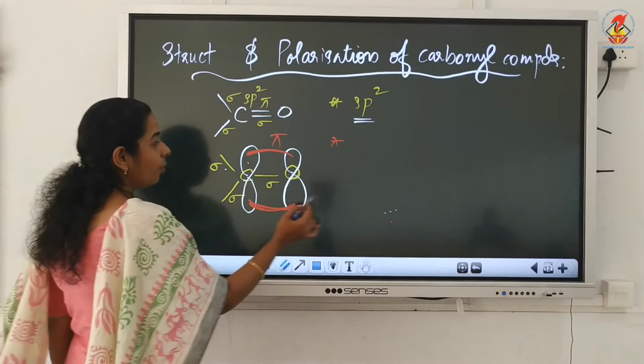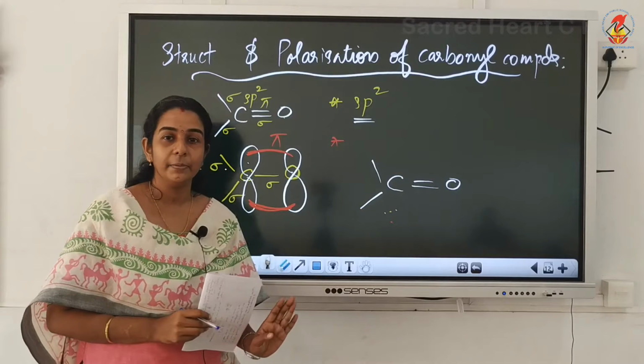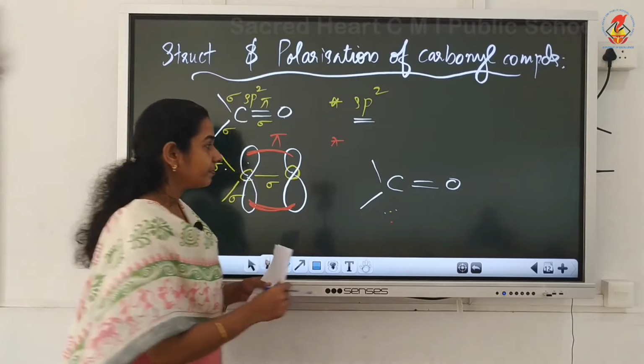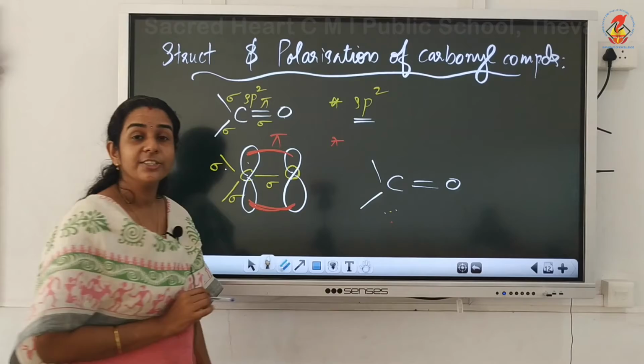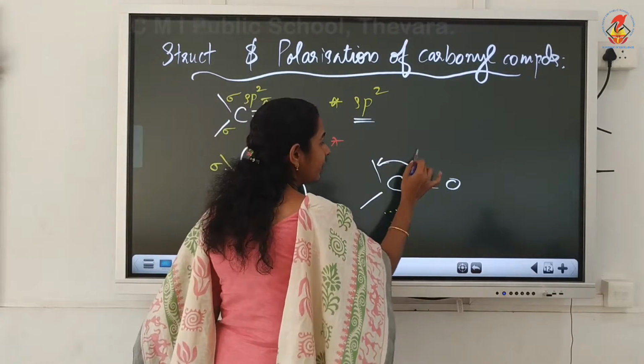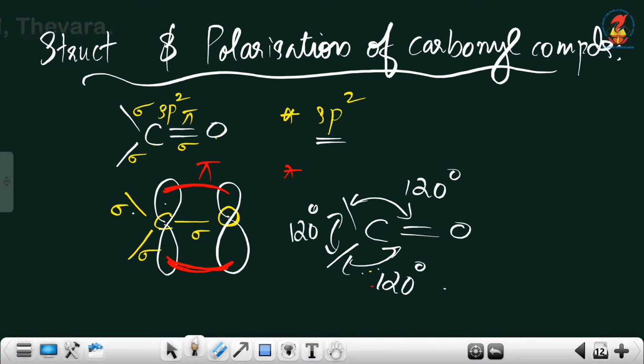Now, since the carbonyl oxygen, carbonyl carbon and all the groups attached to this carbonyl carbon lie on the same plane, the geometry here is trigonal planar. All the bond angles will be 120 degree. This is about the structure of carbonyl group.